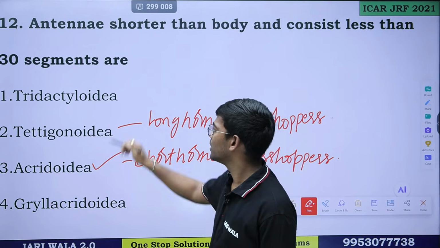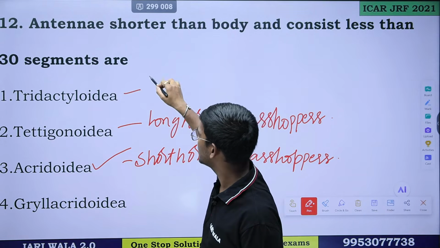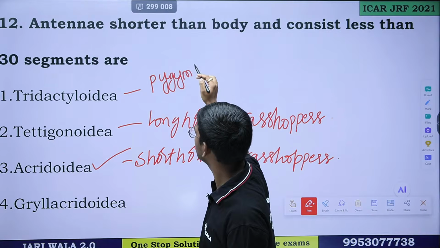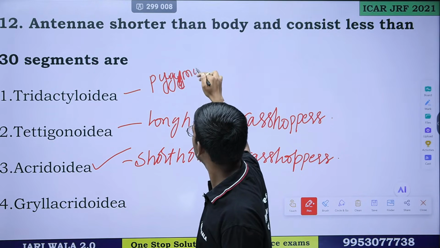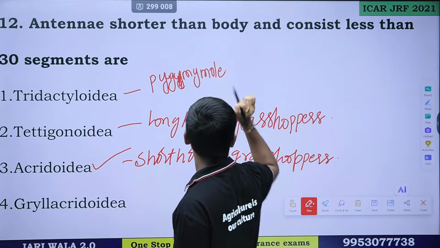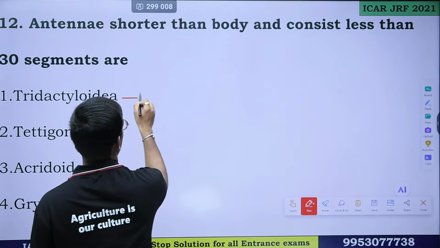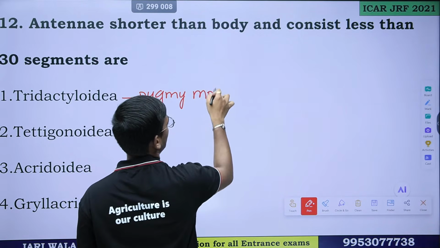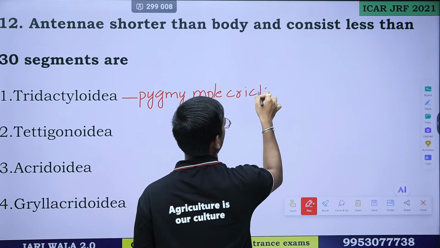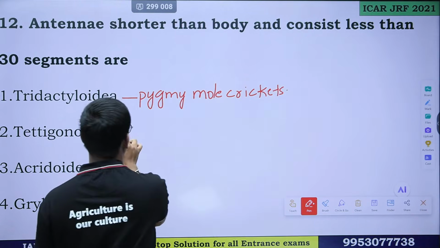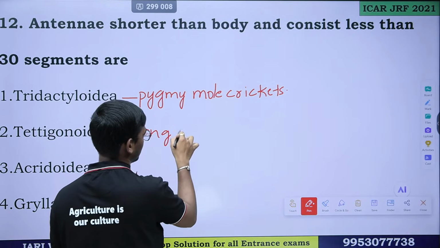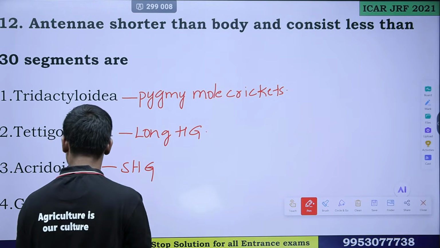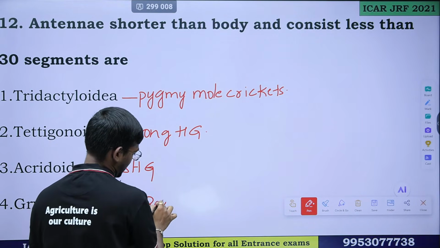Usually the family ends with -idae. So Tridactylidae is the pygmy mole crickets. Then Tettigoniidae is longhorn grasshoppers, so simply I am keeping LHG. Then Acrididae is shorthorn grasshoppers, and Gryllacrididae is raspy crickets.